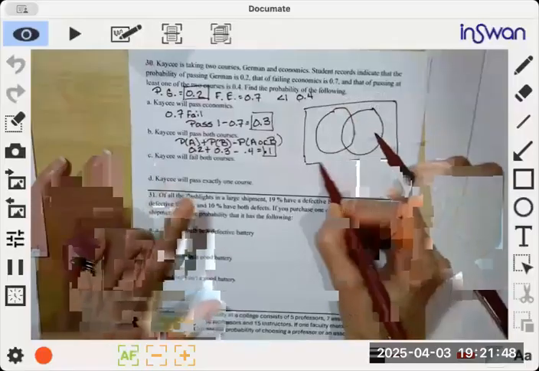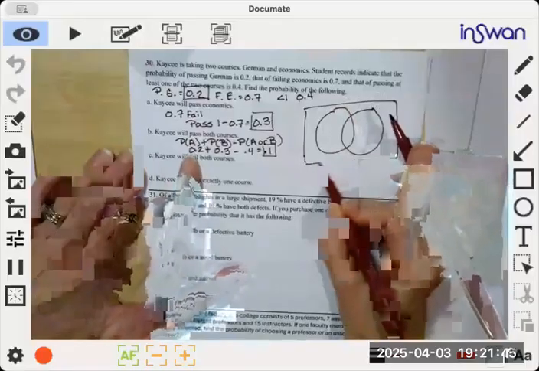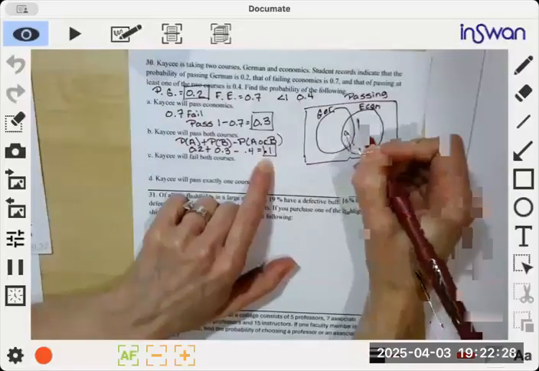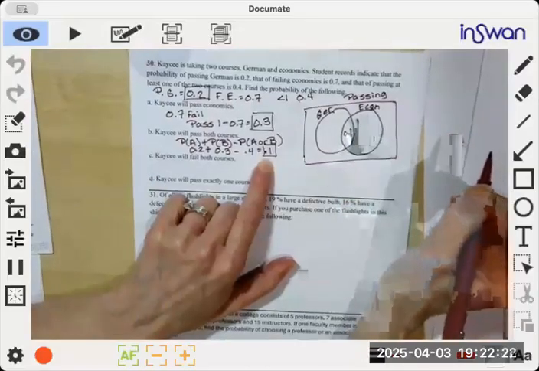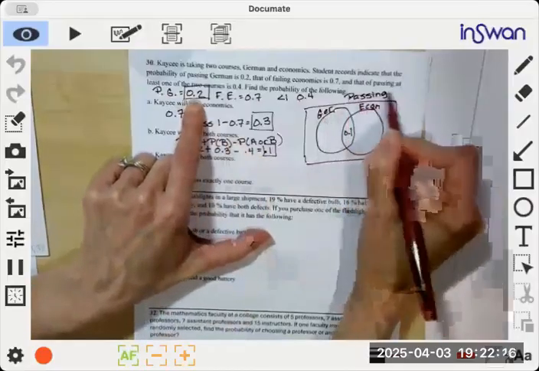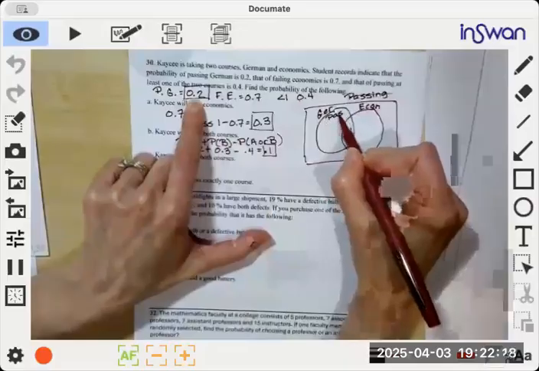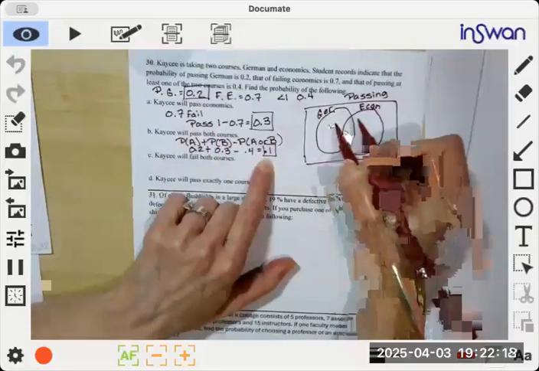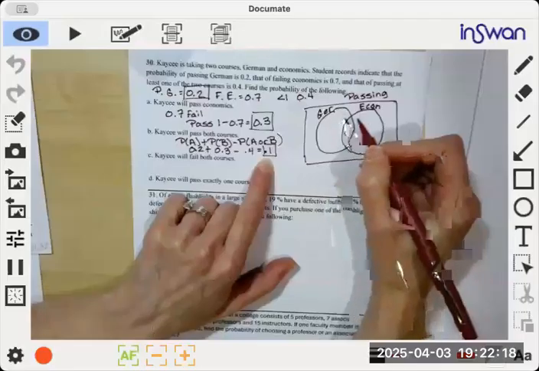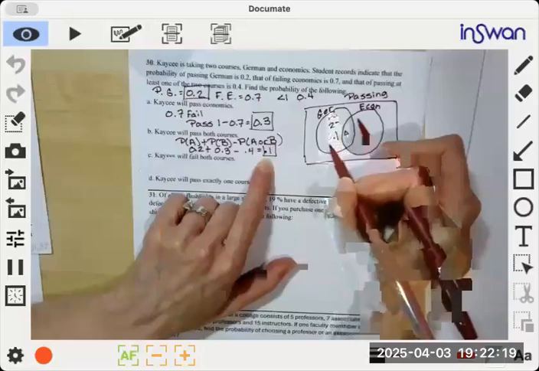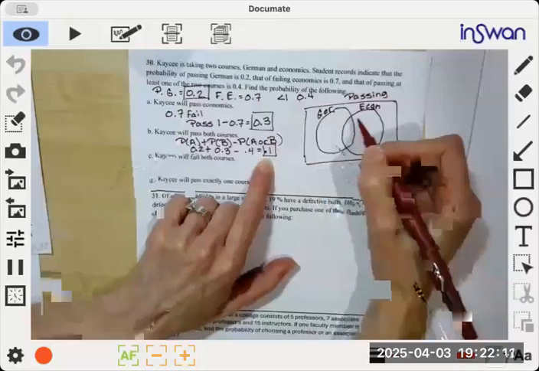So we know that passing both courses is 0.1. We know that passing German is 0.2. But I already have 0.1 here, so I need to get rid of that 0.1. So passing German only is 0.1.